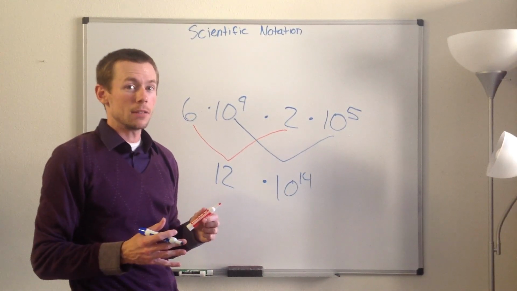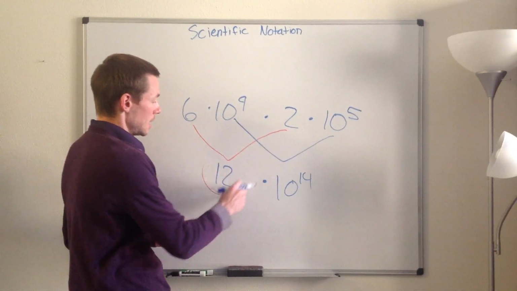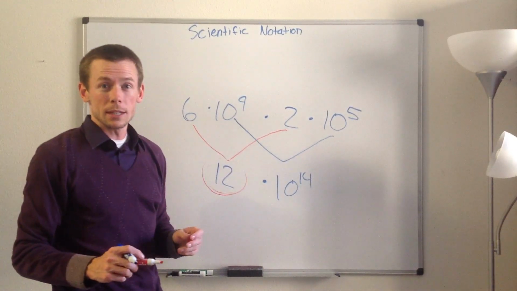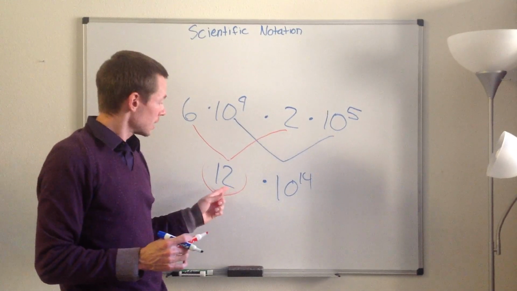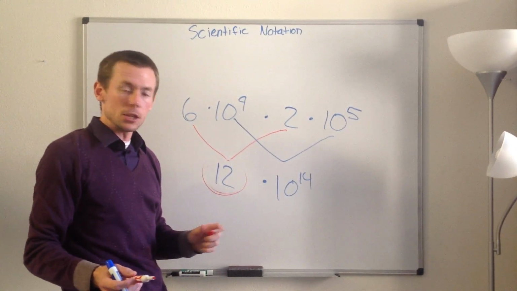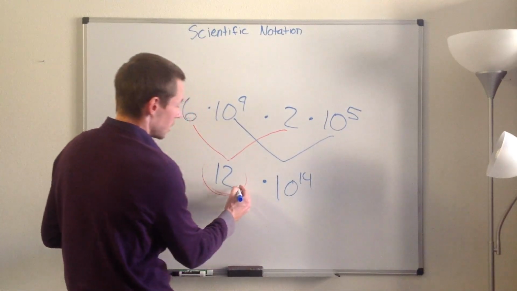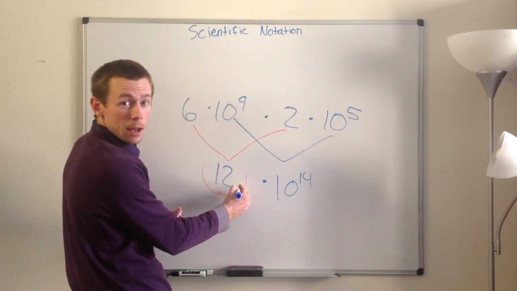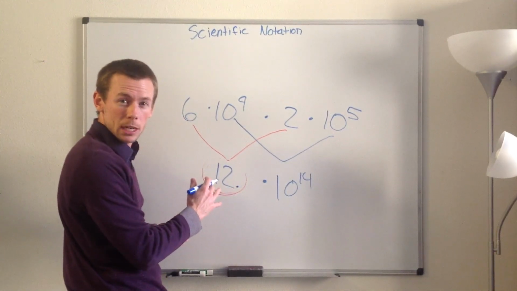Okay? But you should hopefully be recognizing that there's a problem with this right now in that it's not in scientific notation because this number right here is not between 1 and 10. That's the rules that have been agreed on. So what we need to do is take this 12 and put it in scientific notation and then multiply it by 10 to the 14th. So I'm going to take my decimal point and move it until I land between 1 and 10.